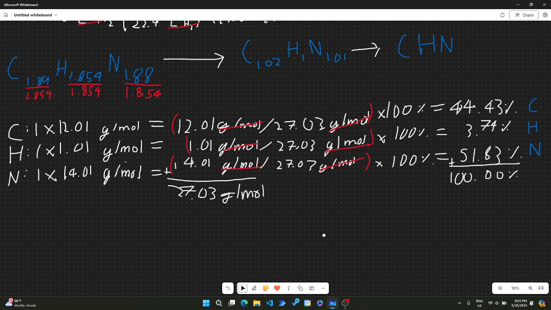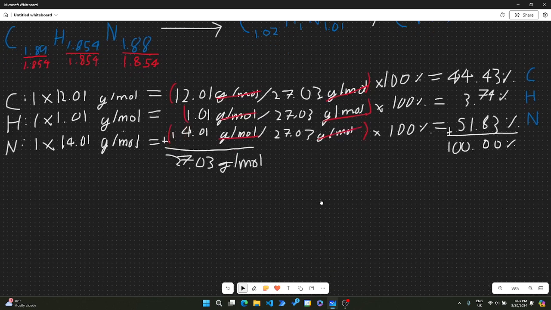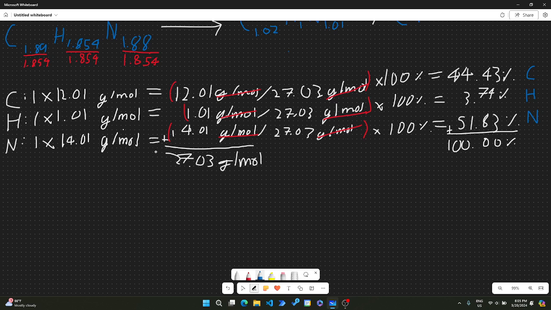Now, how do we find our molecular formula? Well, remember we calculated our empirical mass here, and they gave us our molecular mass. So what we're going to do is calculate something called n. And n is simply equal to the molecular mass over your empirical mass. And remember that your molecular mass should always be bigger or the same as your empirical mass.